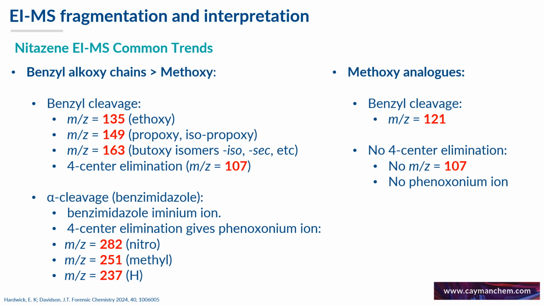The most likely position is the para position due to the pharmacology of the compound. If the phenoxonium ion is present, it can give indication of the substituent on the benzimidazole group. So far, nitro, methyl, and hydrogen substituents are the only ones observed on direct-to-user sites.